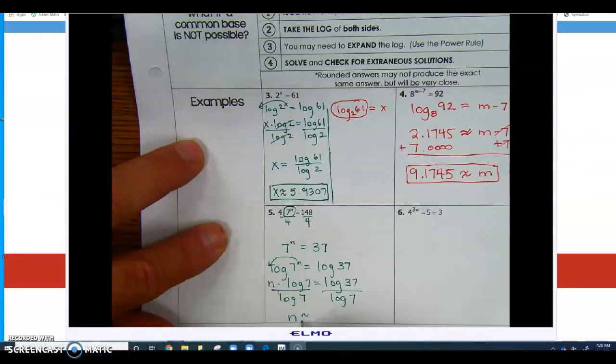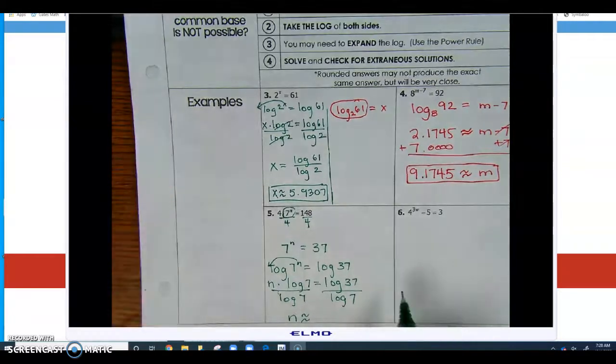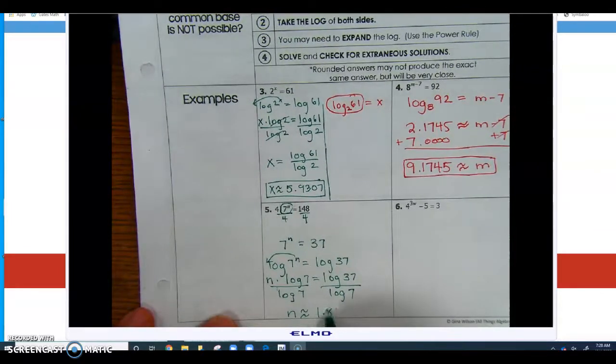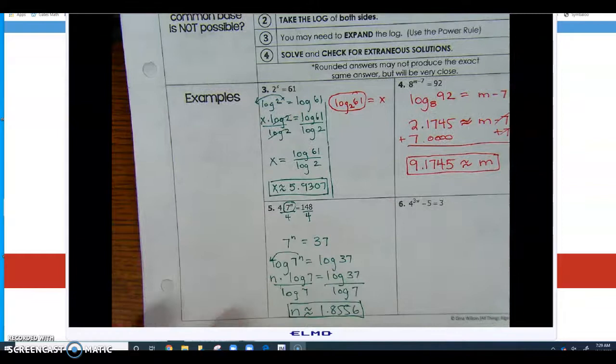N is approximately equal to, type log of 37 divided by log of 7 in your calculator, 1.8556. But again, right here where you took the log of both sides, you could have just converted into logarithmic form like I did over here in red.